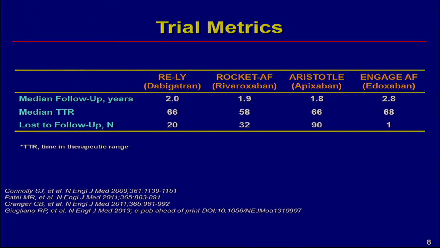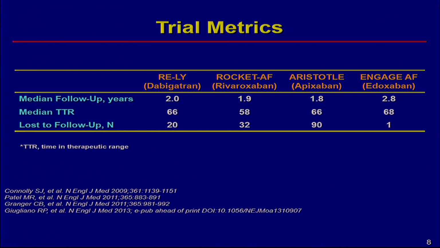And one of the key things that were followed at the end of the trial to assess quality in some ways was actually time in therapeutic range. So in the warfarin arm, how often were people in the therapeutic range for their treatment, and could that be a surrogate for quality of the trial?